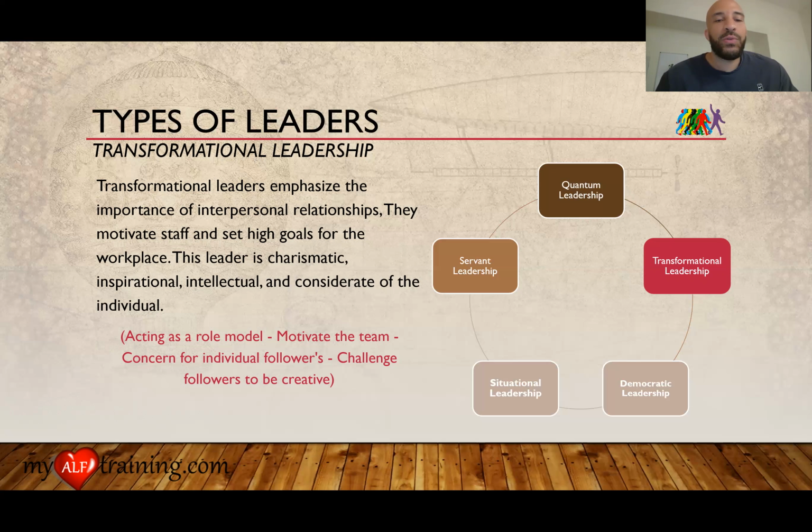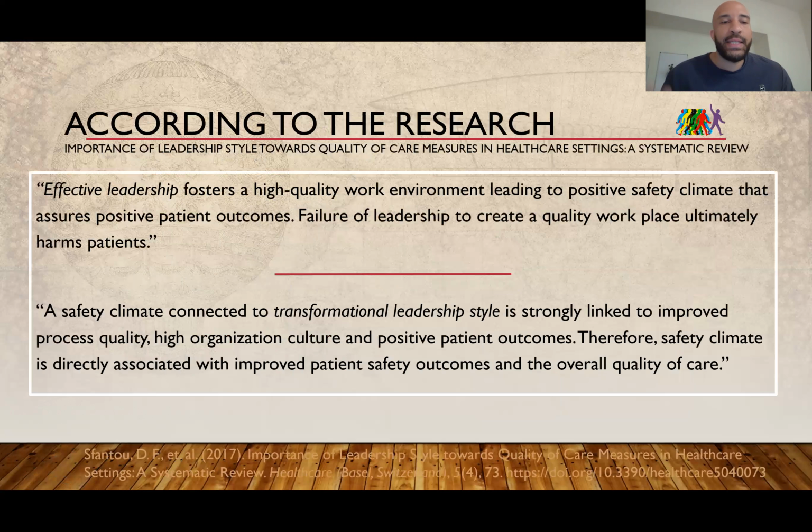So that just goes to show how invested the transformational leader is in the group, which is why we can see that from the research, from this systematic review, there was the strong link between transformational leadership and a positive safety climate.